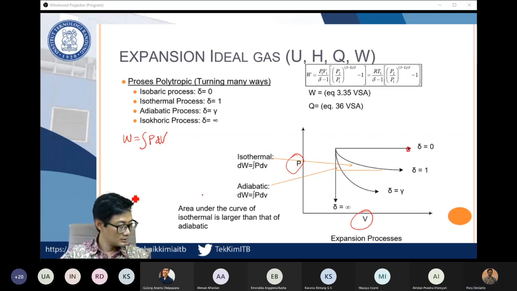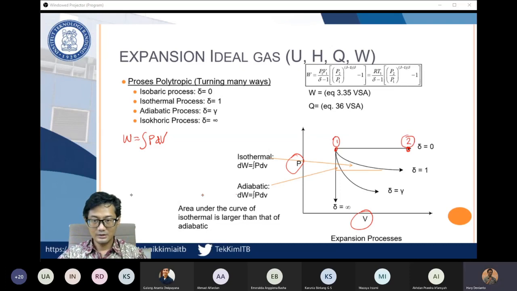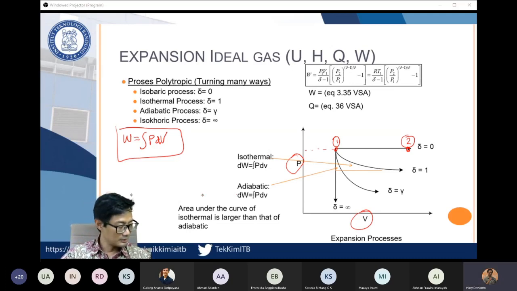Let's use this condition. For the expansion process, this is the initial one, and this point is the final state. This one is an isobaric process. So how can we calculate the work based on this diagram? Remember this formula, work is equal to the integral of P dV. It means that the area under the curve would be the work done by isobaric.